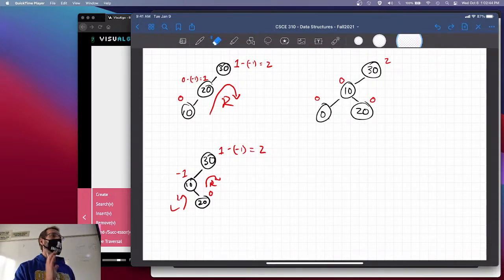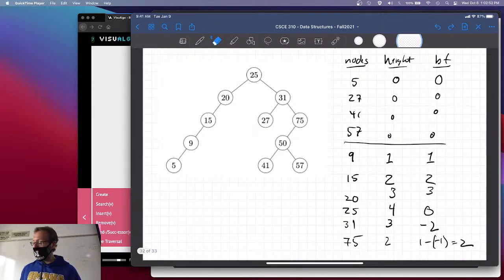By always ensuring that you are rebalancing on each insert and on each delete, you will not have situations like this. You could never get to a tree like this, period. I just did this one so that we can suss out what it means for height and balance factor definitions.